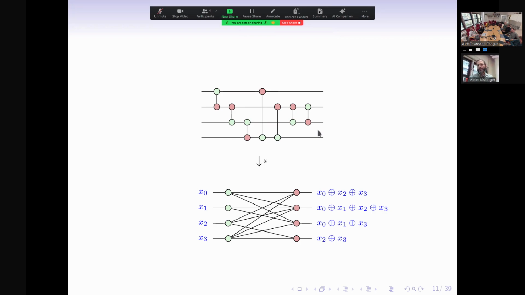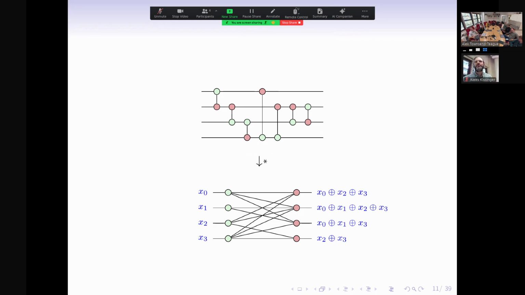There are C0 synthesis algorithms like Patel, Markov, Hayes. They use this fact to synthesize or resynthesize circuits. You can compute the parity matrix and then resynthesize it. There are good heuristics for doing this in low depth or for low gate count.